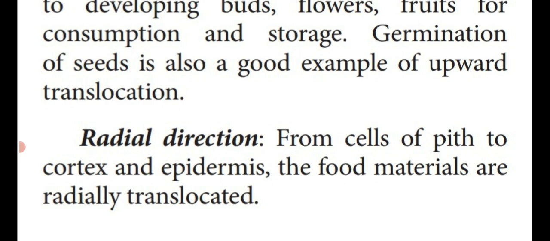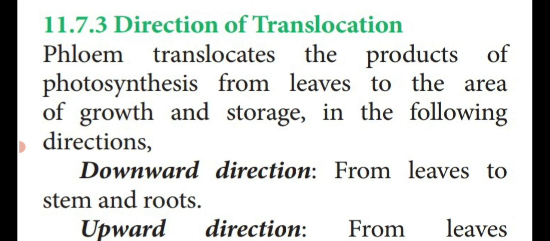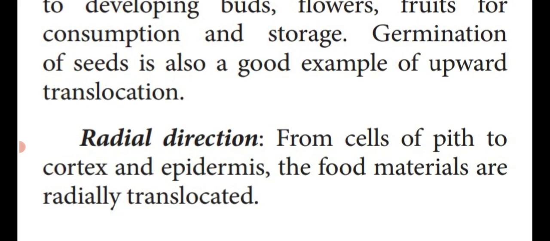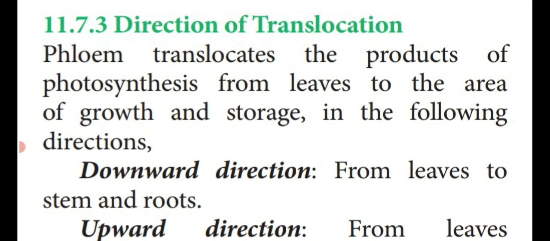From that pith to the cortex region, that means the outer side, the epidermis, the food materials are radially translocated. That direction is called radial direction. So these are the different types of translocation of food material: downward, upward, and radial direction. This is an important 3-mark question.